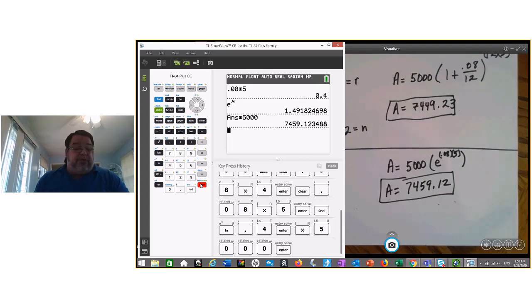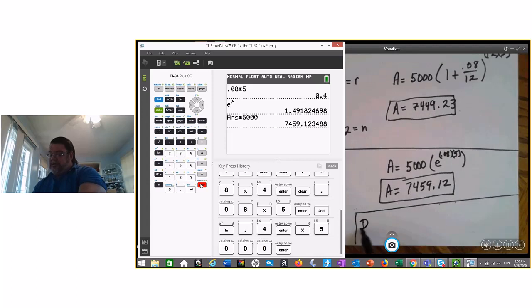Now, the only other thing they're going to ask you is the exponential growth rate, which, when you double it, should be the natural log of 2 over r. So I'm going to show you that down here. That's the growth rate. That's like D. They ask you for a D, and they want to know when it's doubled.